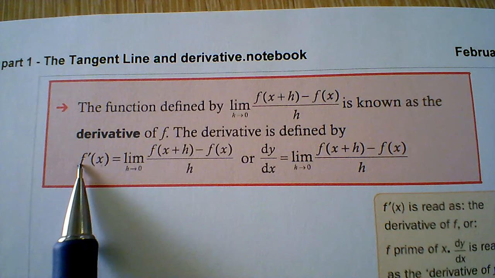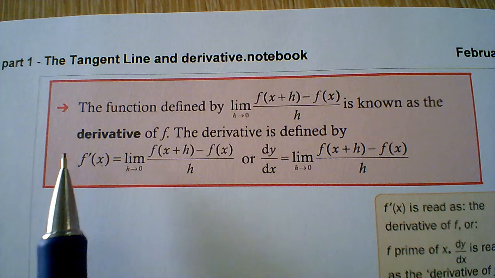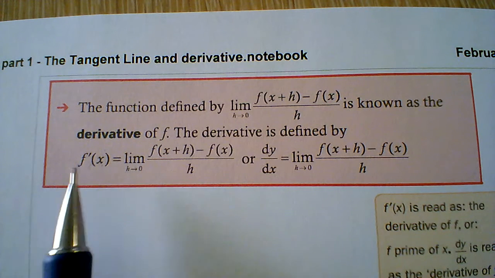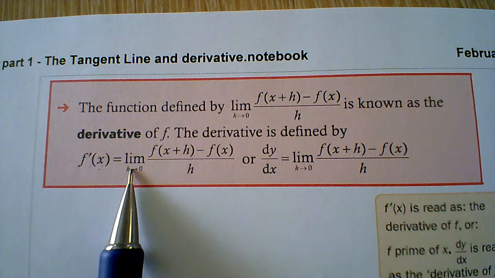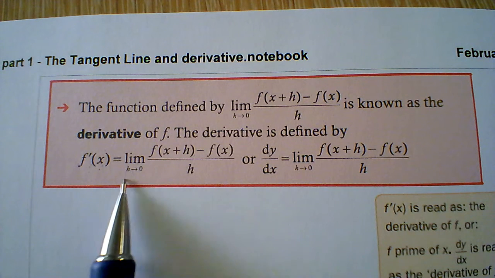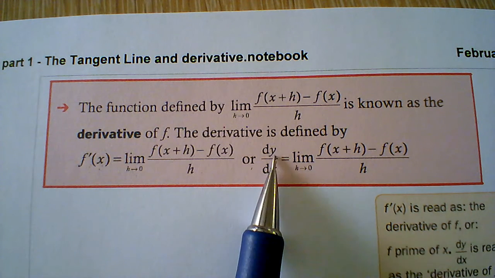Okay? Notice how this has f prime. Notice the apostrophe? That is the notation for derivative. Okay? So the function might be 2x plus 8, but we would write the derivative. So you would pronounce this as the derivative of x as the limit as h approaches 0 of this.